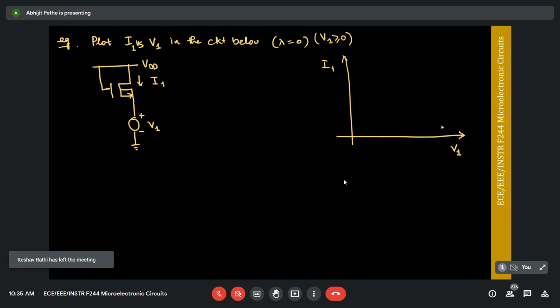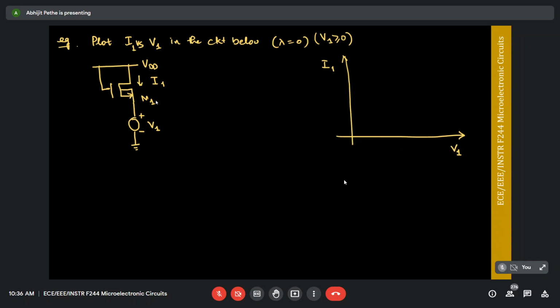Sir, in this, is the body forward biased because it has a positive terminal voltage? The body and substrate are shorted. Okay, correct, yes, thank you. There's no current flowing because of accumulation.